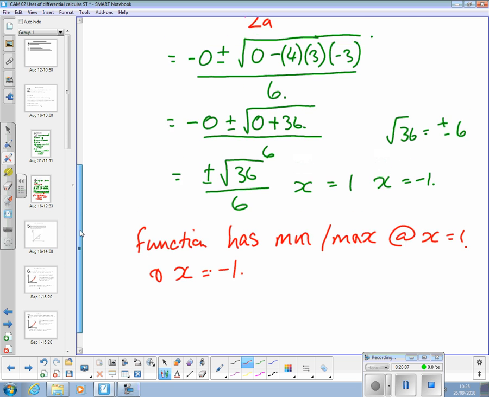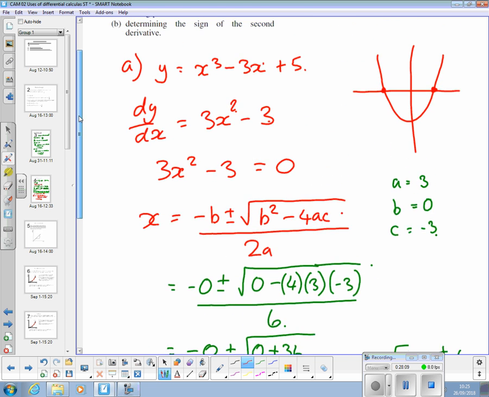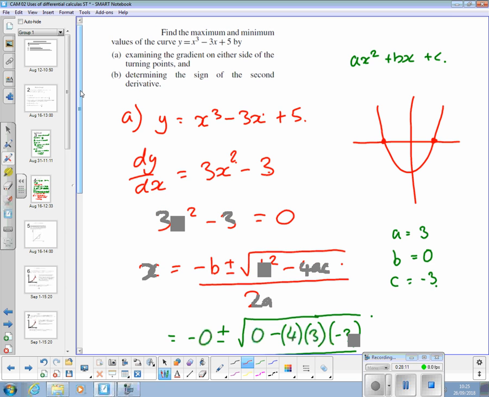So what we've got to do now, using this method, is examine the gradient either side of the turning point.